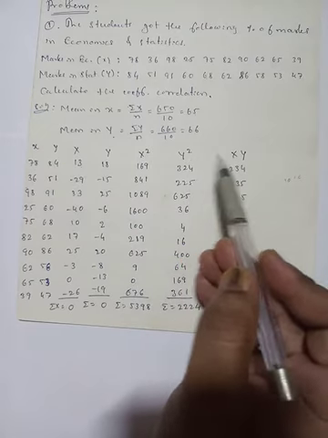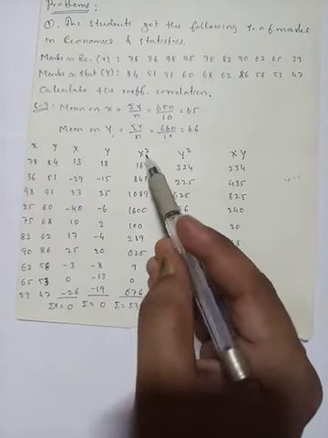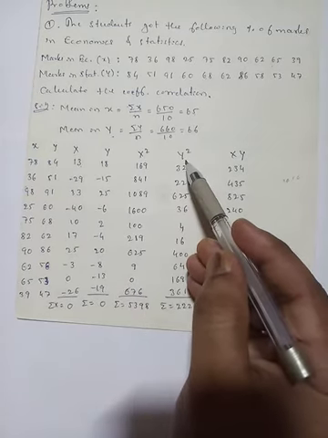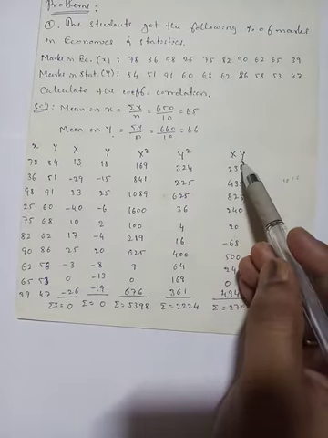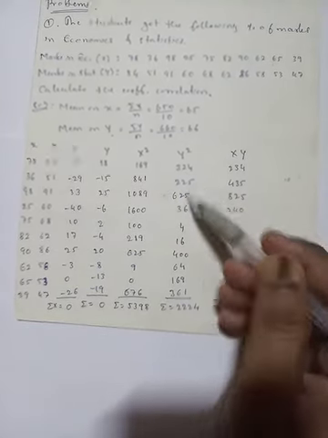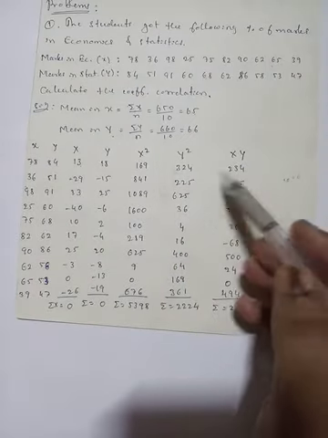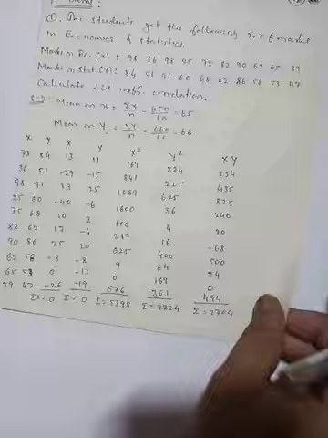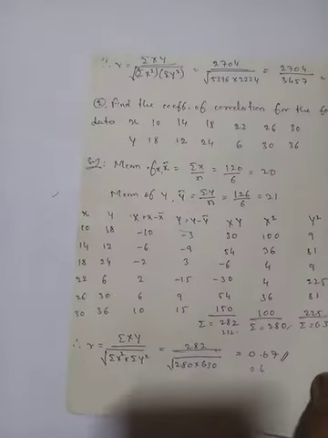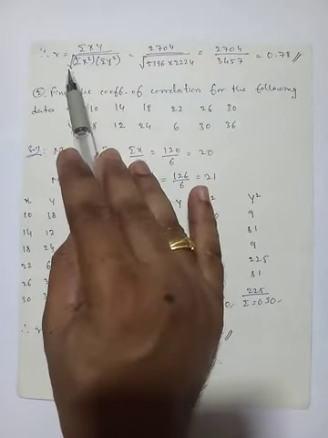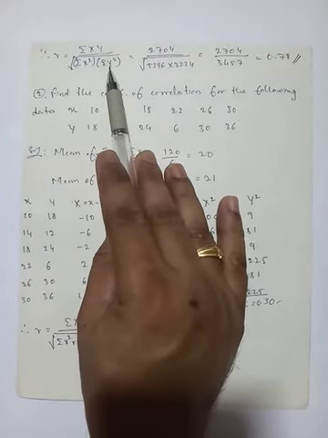So we take a column for capital X square, a column for capital Y square, and a column for XY, and find the sums of these values. Then we substitute these summation values in the formula: r equal to summation XY divided by square root of summation X square into summation Y square.